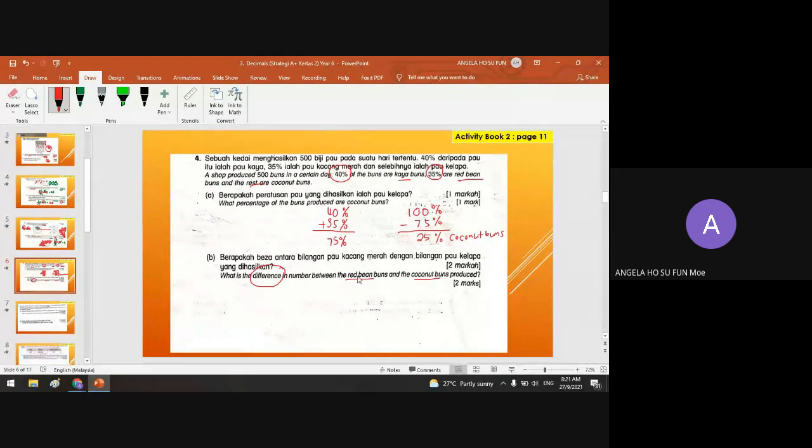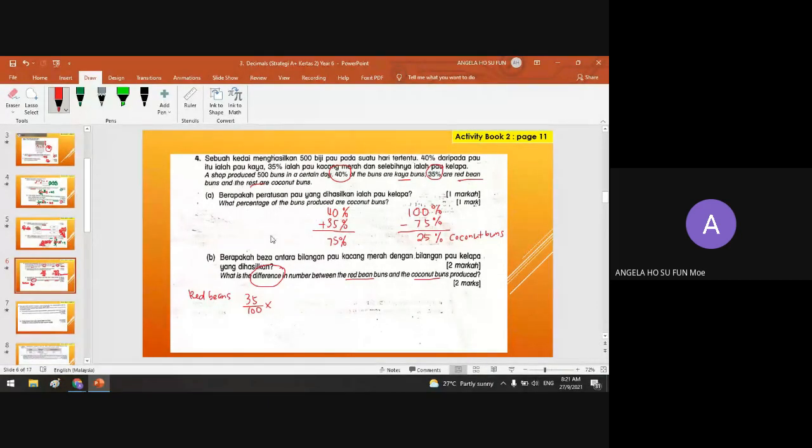What is the difference means the more minus the least. So the one you can see, red bean, how many percent just now? Red bean, 35%. Find the red bean buns. So it's 35 over 100 times how many buns altogether just now? The shop produced 500 buns.